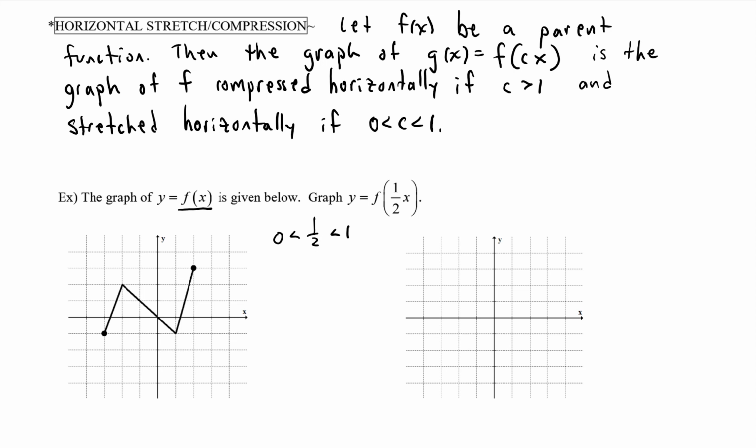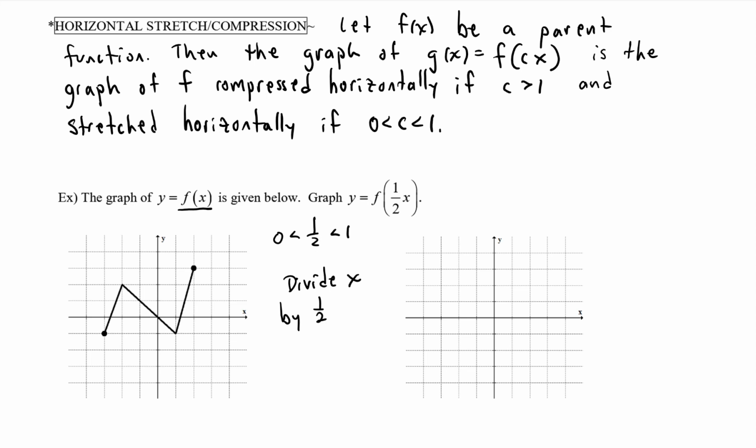It looks like I take 1/2 times x, but what I'm actually going to do is divide x by 1/2. Well, dividing by 1/2 is multiplication by 2. That's why it's going to stretch it horizontally. And again, in class, I'll show you why it works that way. Why it looks like you just take x times 1/2 according to the arithmetic here, but you actually take x and divide by 1/2.